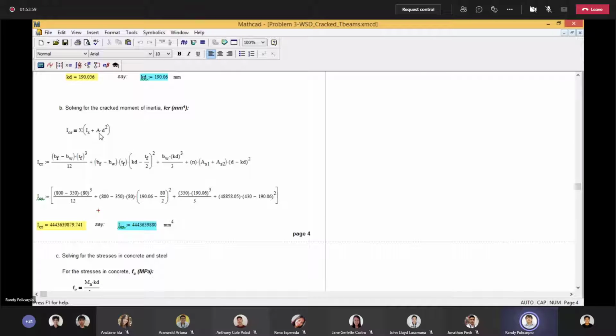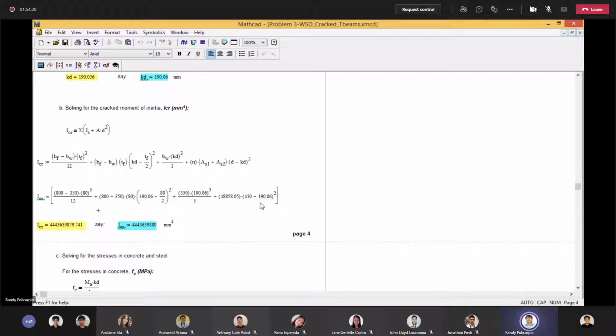So we simply make use of kd square. Ito yung area, ito yung d. So naka-square siya, no? So ito yung kanyang crack moment of inertia nung ating transform section para sa ating T-beam, no?